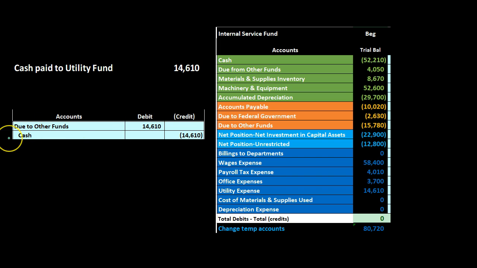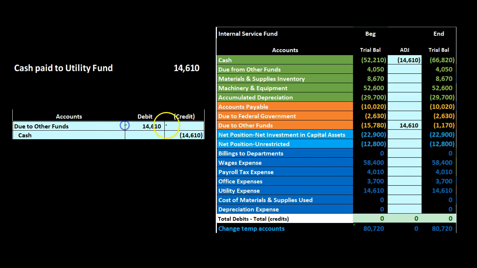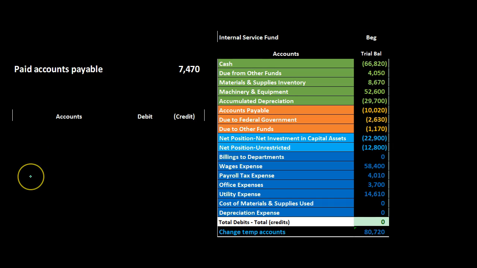That means we're going to credit cash, of course, for the $14,610 we're paying. The other side goes to due to other funds, a debit, making it go down. Cash is a credit, and again, it's overdrawn. We will record revenue shortly, which will increase the cash account soon.